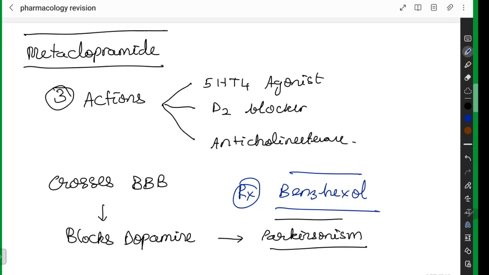Now, in addition, you add the anticholinesterase property of metoclopramide. This causes a huge rise in acetylcholine. Because of this, you get all those Parkinson symptoms. That is why metoclopramide causes drug-induced Parkinsonism. So what is the drug of choice? Again, I am repeating, benzhexol is the drug of choice.